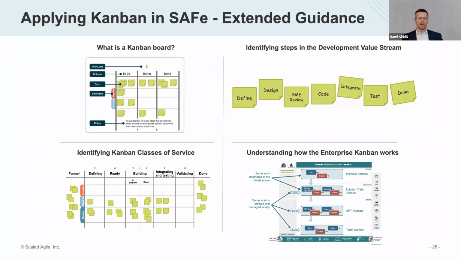Same with the Kanban, how can you use the Kanban? Again, nothing changed as such, just a better, updated article helping you to increase the flow, for instance, through these different classes of service, or by understanding how to structure the Kanbans across the whole organization rather than on team level only.